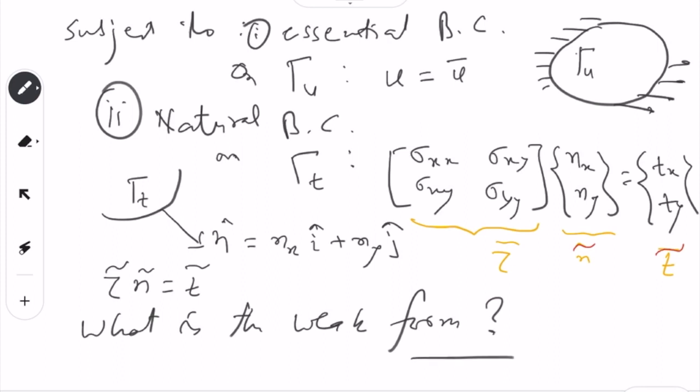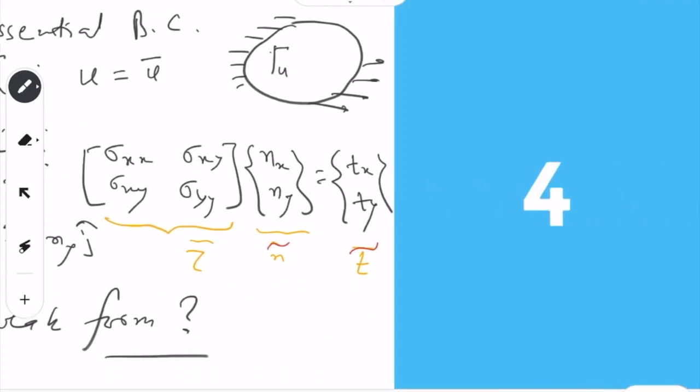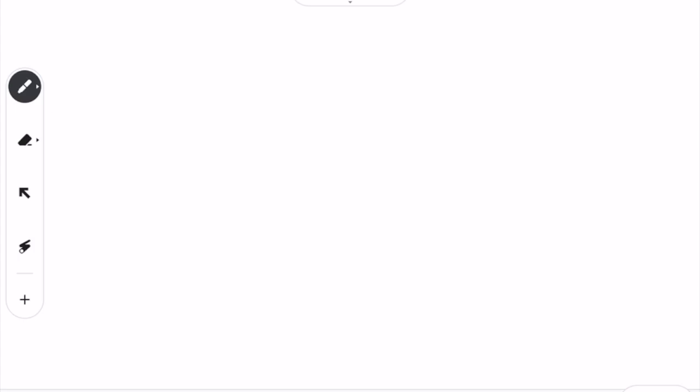To derive the weak form, the strong form that we are going to use will be the one which has divergence: divergence of sigma x plus bx equal to 0. So let's use this one first.